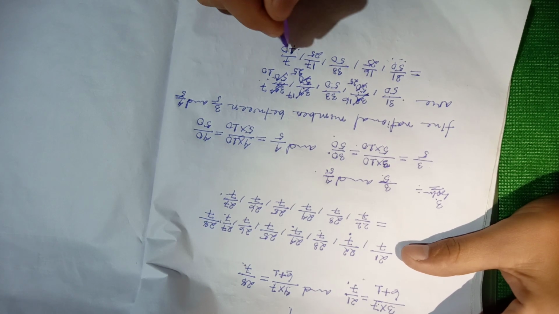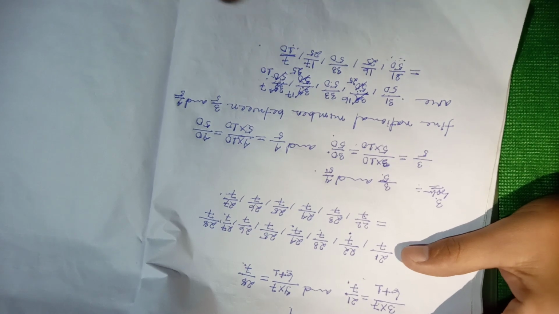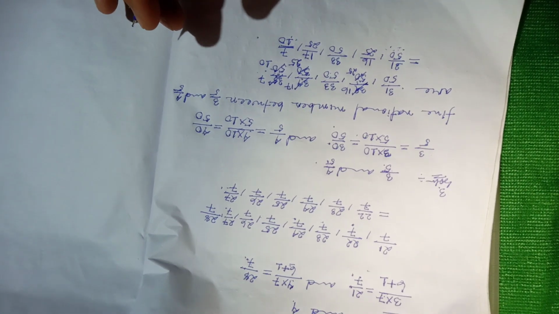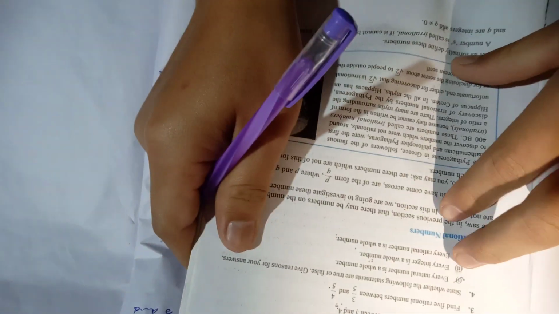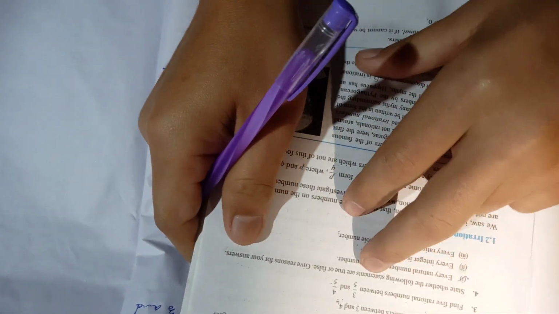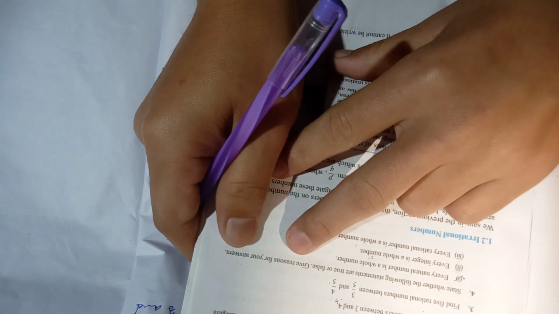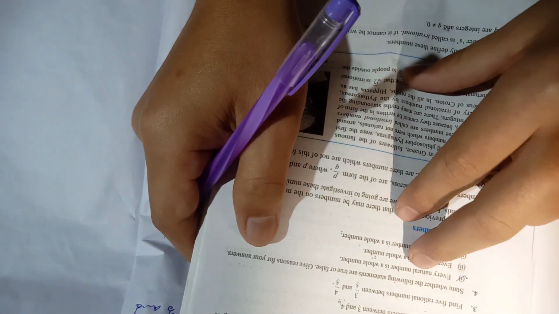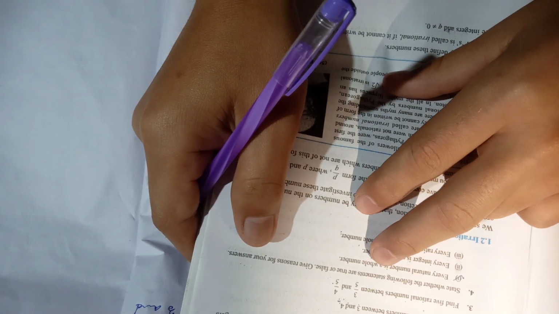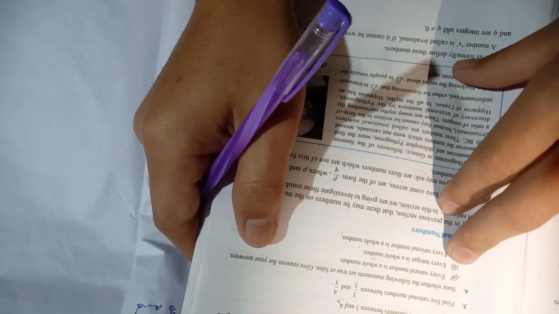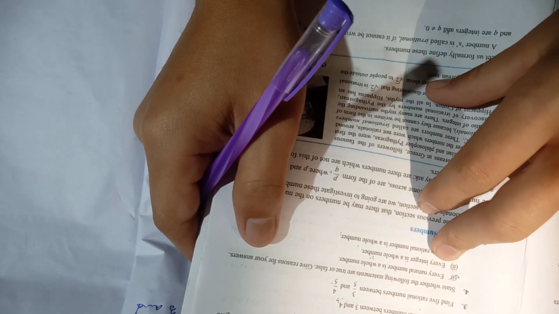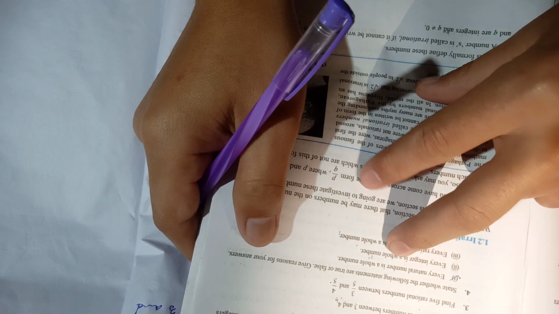Okay, so that's all. Let us move to the fourth question, that is: state whether the following statements are true or false. Give reason for your answer. The first statement: every natural number is a whole number. In the second statement, every integer is a whole number.